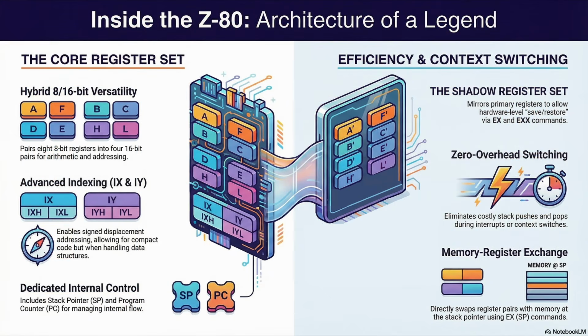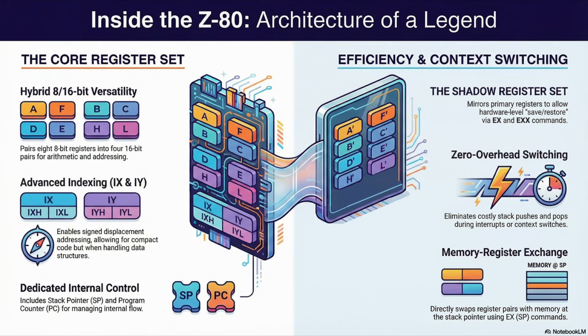Software that implements cooperative multitasking can switch between two execution contexts, for example, a foreground task and a background routine, by swapping these register sets, saving and restoring only the stack pointer and program counter. Nested subroutines. Some compilers generate code that uses the shadow set for leaf subroutines to avoid the overhead of saving registers onto the stack.